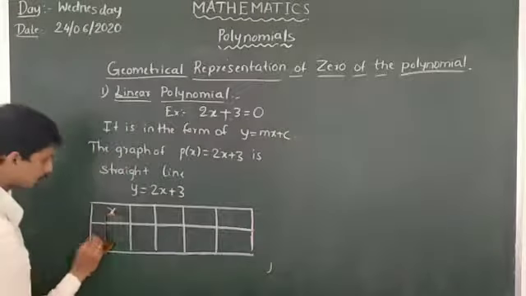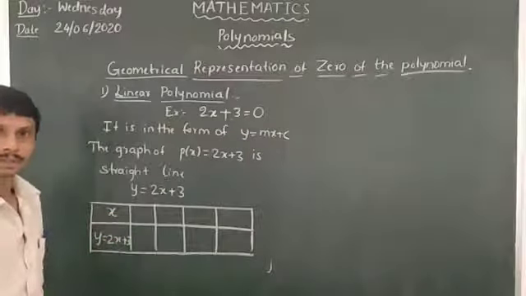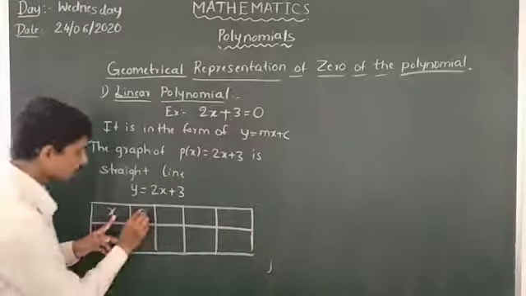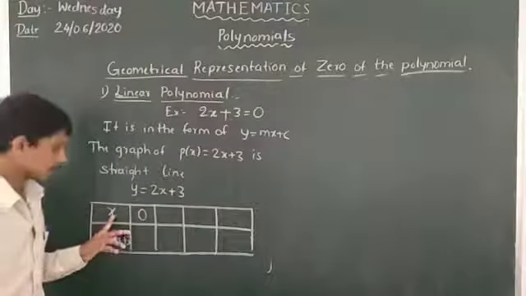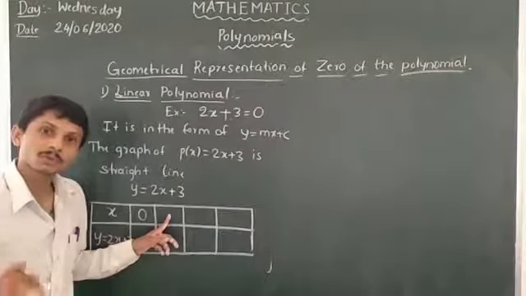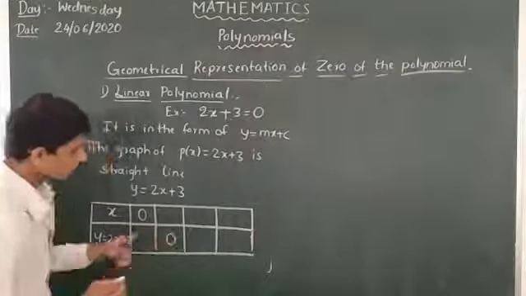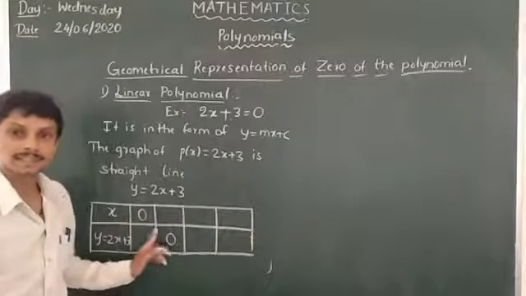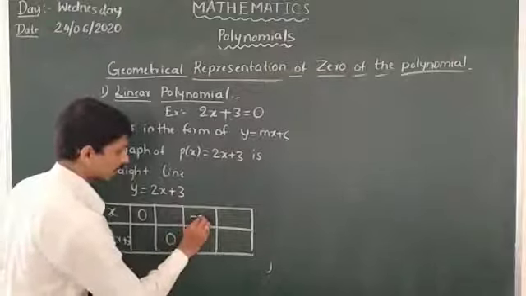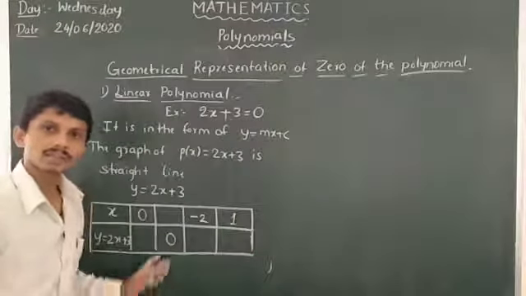First we start with 0, and after substituting the value of x we get this value. Then we take any other number, for example -2 or 1, whatever it may be.